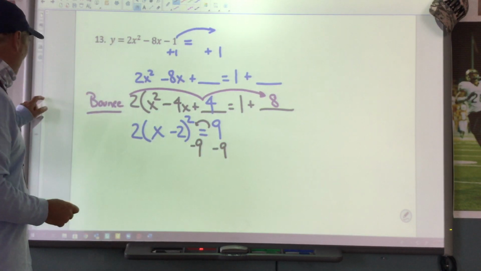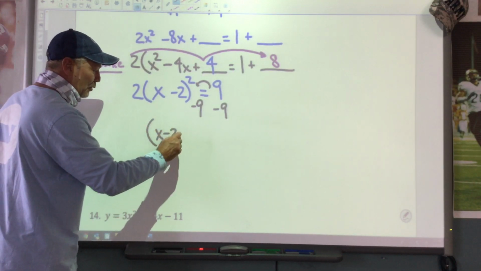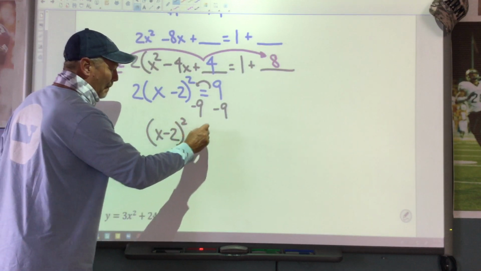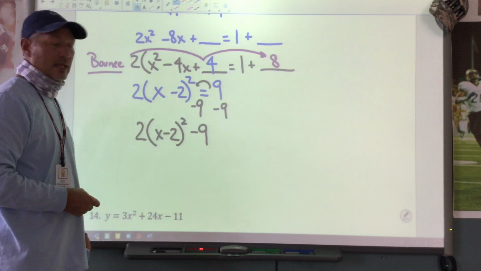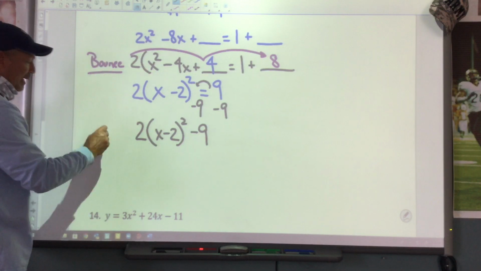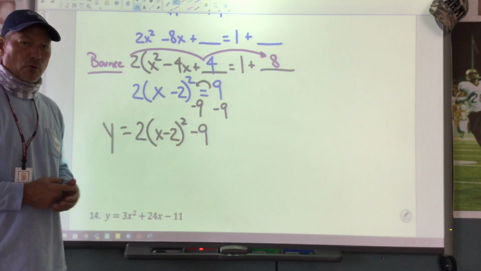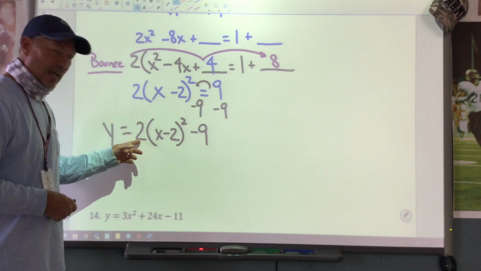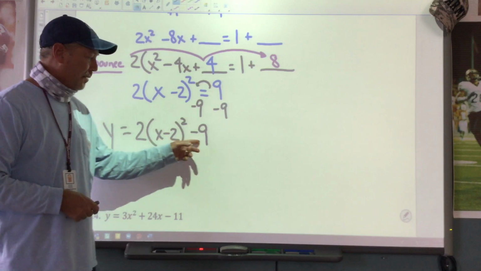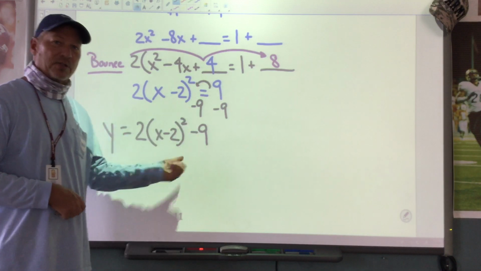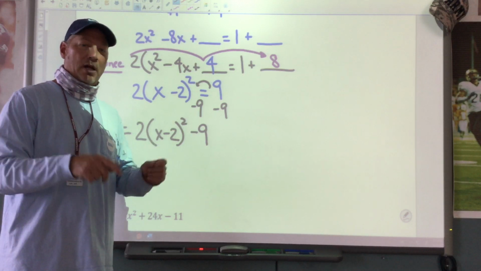That's going to leave me with x minus 2 parentheses squared minus 9. Oh, don't forget your 2. Sorry. And now bring down your y equals. This is vertex form. This tells me that I have a stretch by a factor of 2. My vertex is going to be 2 comma negative 9. But that's vertex form. That bounce thing can be tricky, so let's try another one.